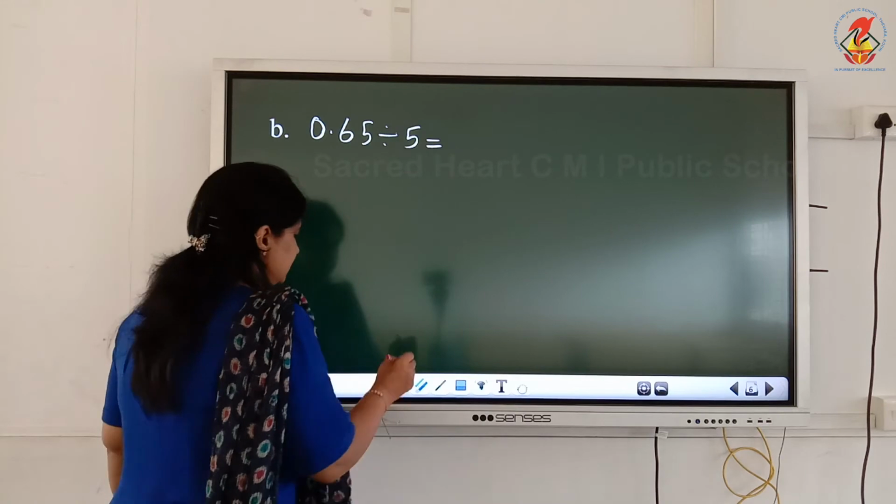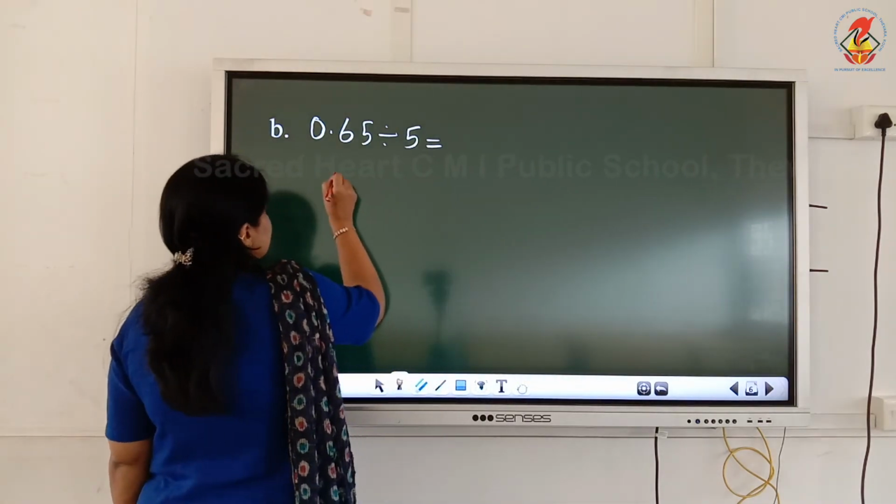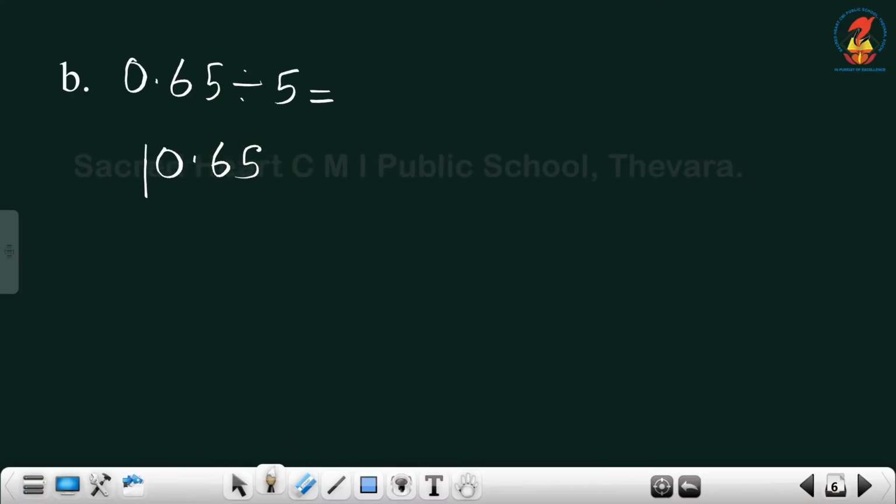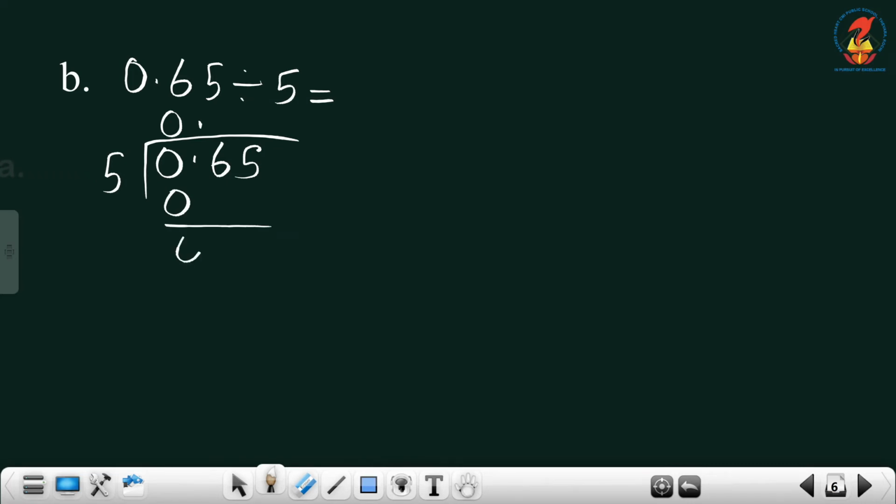And the next one is 0.65 divided by 5. First digit is what? 0 only. I can't do anything with this number, right? So I simply put one 0 here. After that, one point also. I need to take the next digit down. That is 6. 5 ones are 5. And the remainder is what? 1.